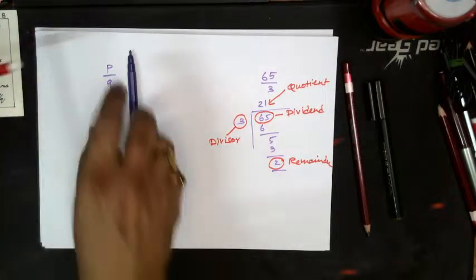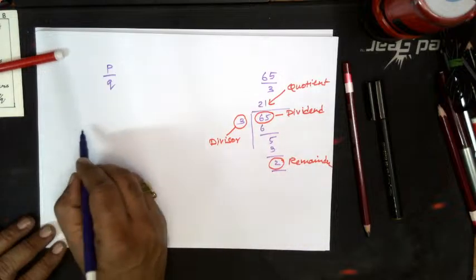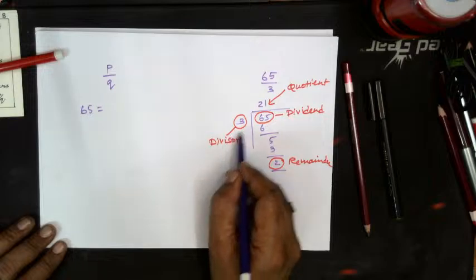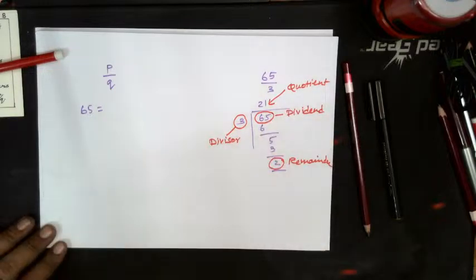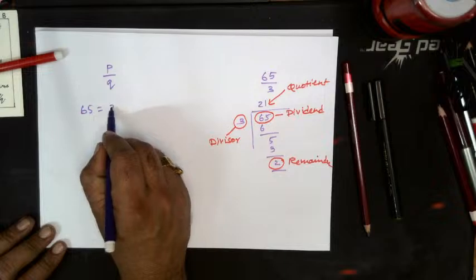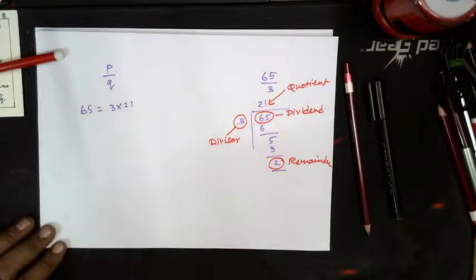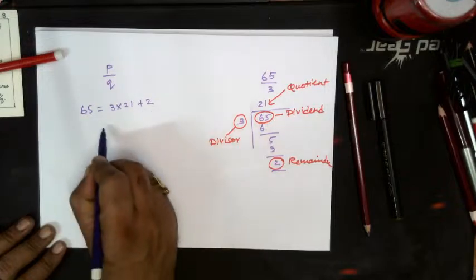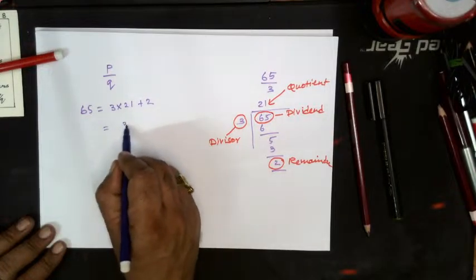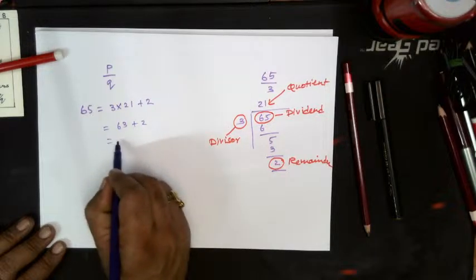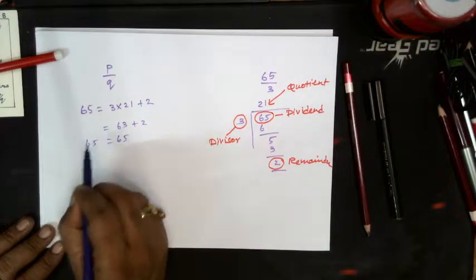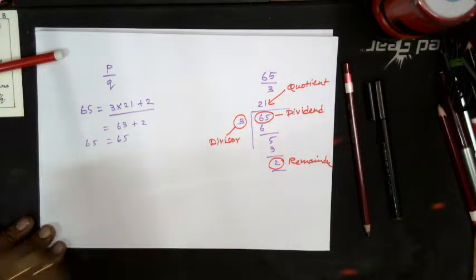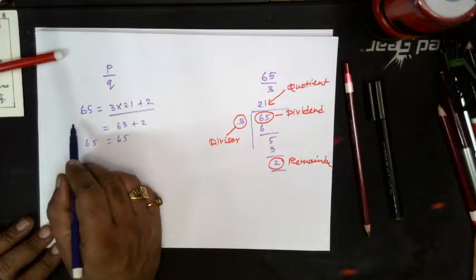Now we can write this dividend: 65 is equal to divisor into quotient, is it not? That is 3 into 21, and add the remainder, that is 2. So what will you get? 63 plus 2, 65. Okay. So this 65 can be illustrated like this, and this is what was done by Euclid.